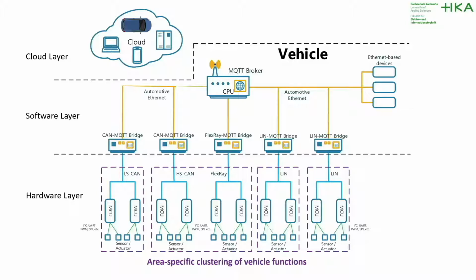The cloud layer provides real-time data and allows implementing additional vehicle functions on the fly. For efficient operation, it is necessary to form area-specific clusters on the hardware layer in conjunction with the MQTT bridges.